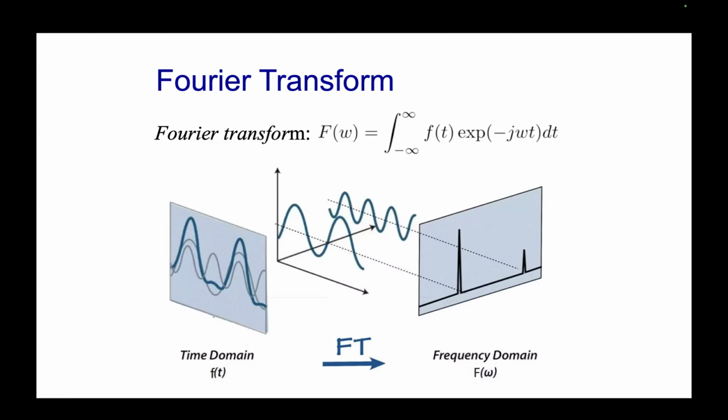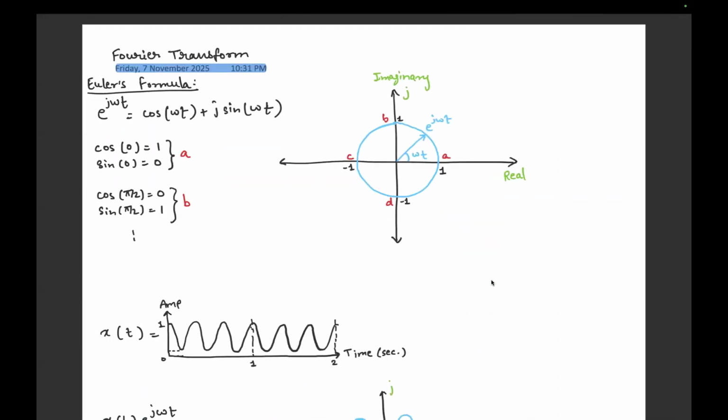So let's try to understand how this formula works and how it magically converts this time domain representation to this frequency domain representation. Okay, so let's start with Euler's formula, which is e to the power j omega t equals cos omega t plus j sin omega t. I think everyone knows this. Here, t is the time and omega represents the frequency of the signal.